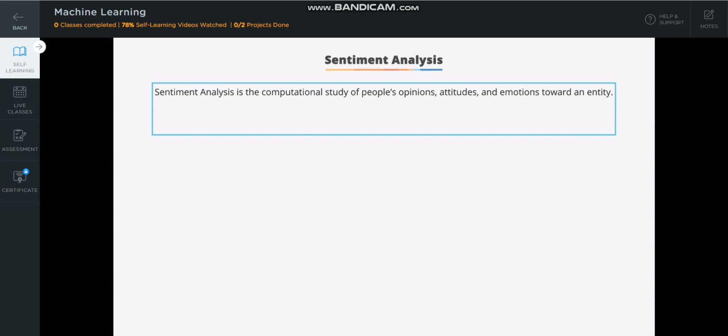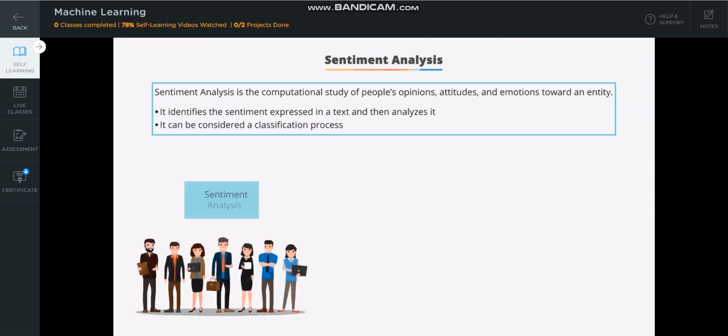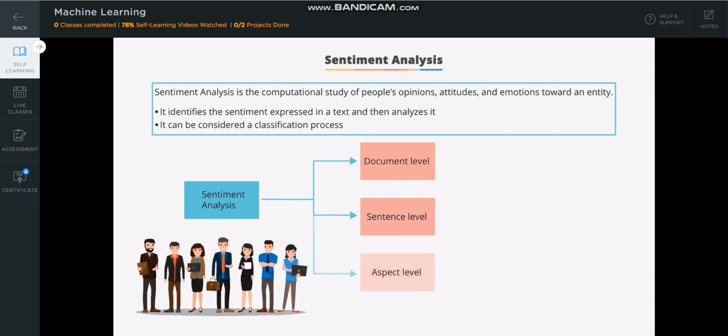The entity can represent individuals, events, or topics. It identifies the sentiment expressed in a text and then analyzes it. Sentiment analysis can be considered a classification process, as there are 3 main classification levels in sentiment analysis: document level, sentence level, and aspect level sentiment analysis.